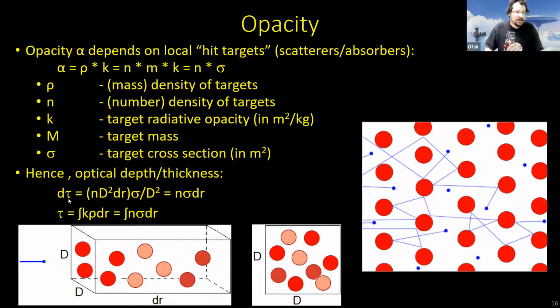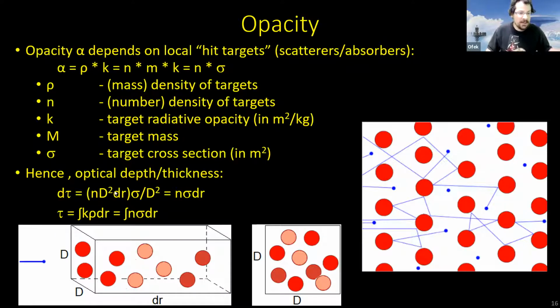So this again is telling us a relation between alpha and this n and sigma, explains the relation, which tells us the relation between optical depth d tau and actual length dr. And that ratio is precisely n times sigma, the cross-section per target times the density of targets.